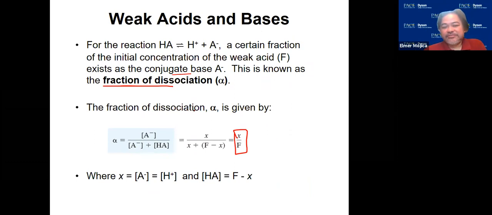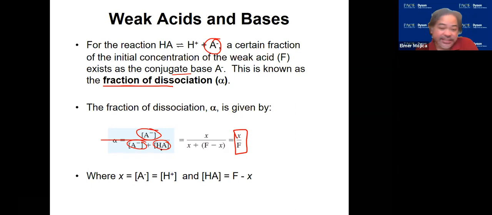So this is in terms of conjugate base. So you have this conjugate base over conjugate base times the concentration of the acid at equilibrium, not the initial concentration. So if you have it here, what will happen? This will just be canceled out. So you have X over F.